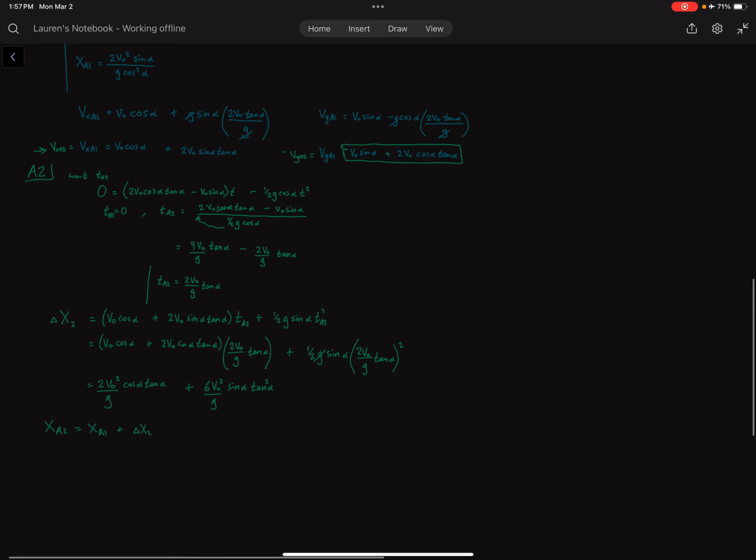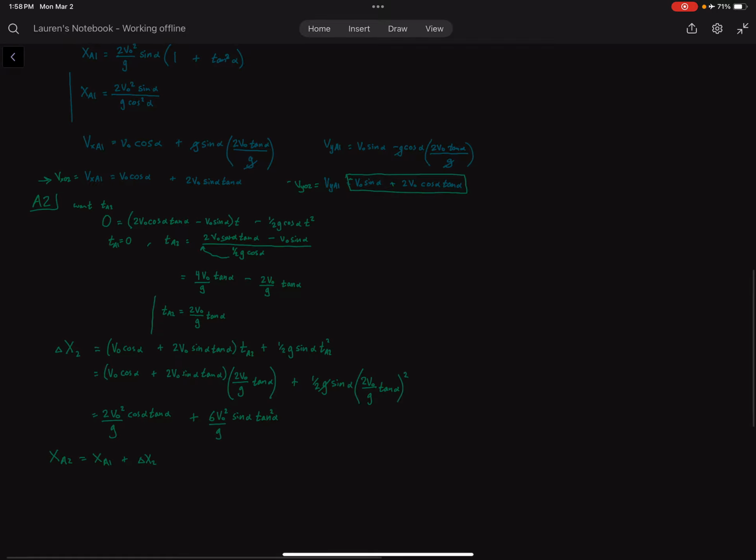So therefore, and I've used up a line doing that, but therefore we have xa2 being equal to 2v0 squared over g sine alpha plus 2v0 squared over g sine alpha tangent squared alpha. Okay.